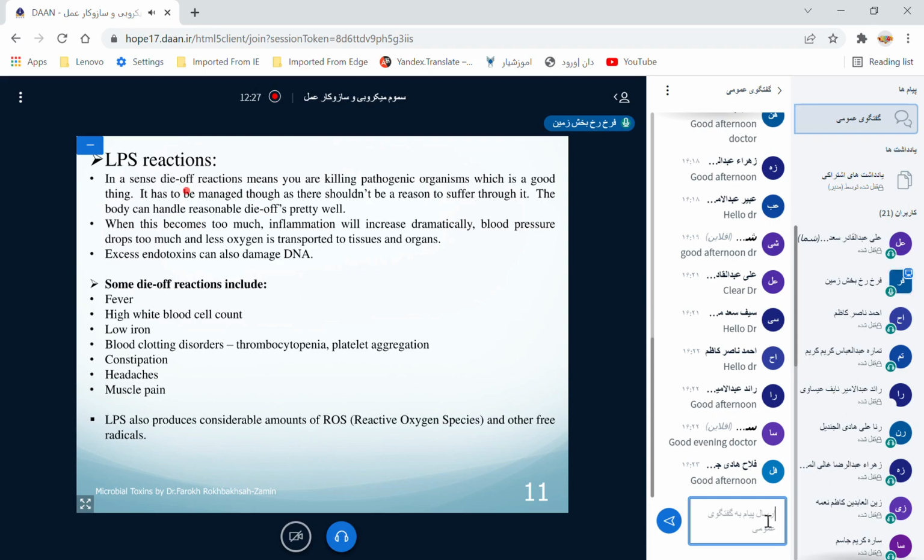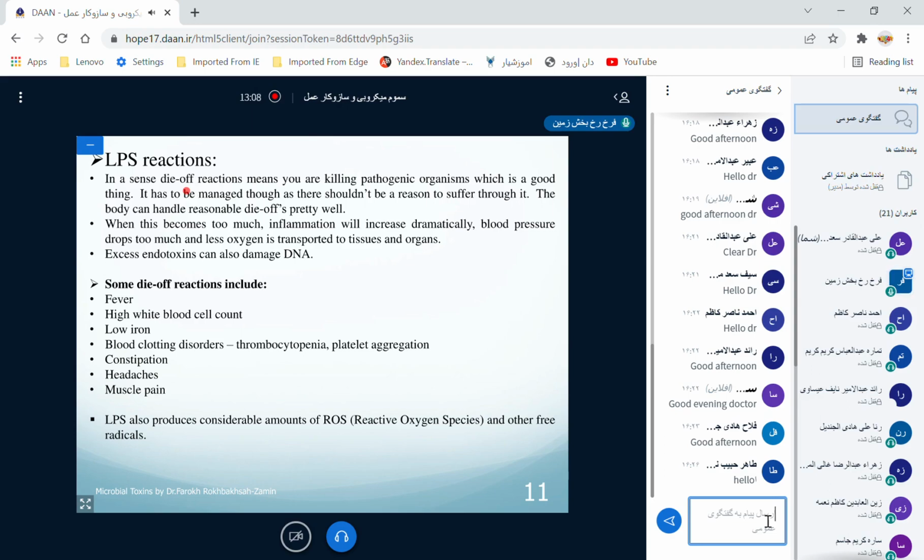What is the main aim and purpose of our body in front of bacterial pathogens? Our immune system, specific and non-specific, white blood cells, macrophages, antibodies, and the whole body wants to kill the pathogen. We also use antibiotics to help our immune system kill the pathogens.